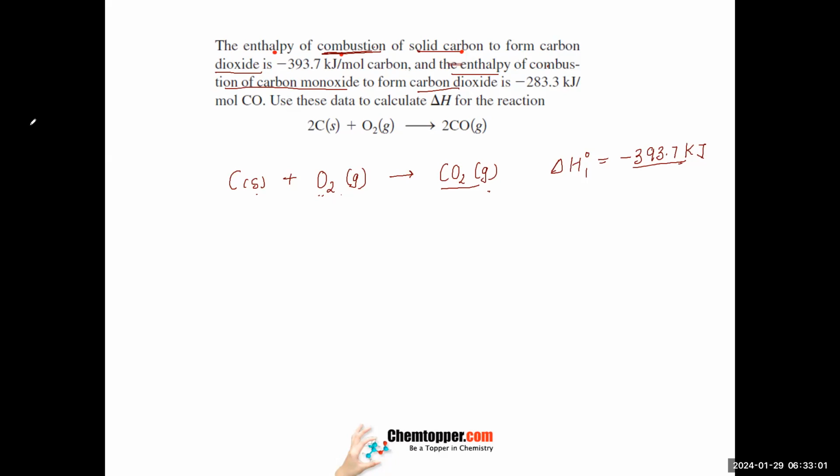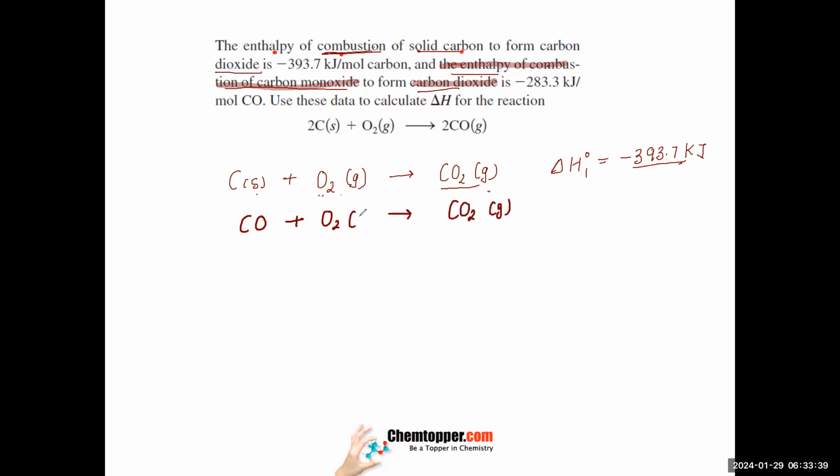The enthalpy of combustion of carbon monoxide to form carbon dioxide. What are the reactants here? CO and O2. Yes, CO and O2. So the reaction is CO reacting with O2, giving you CO2 gas.